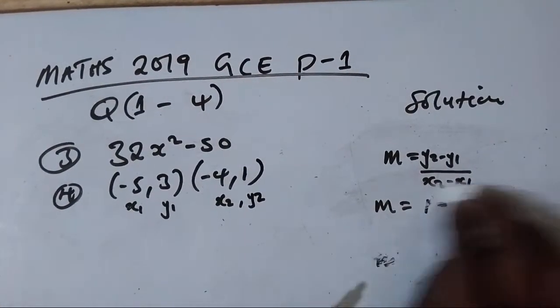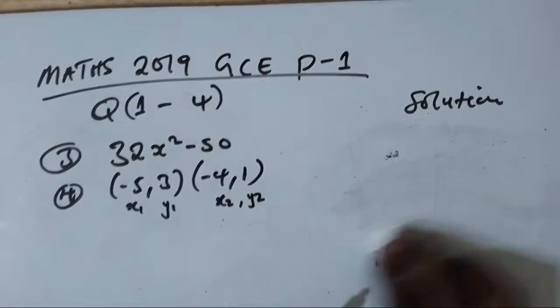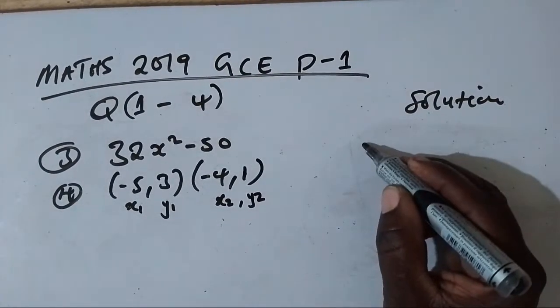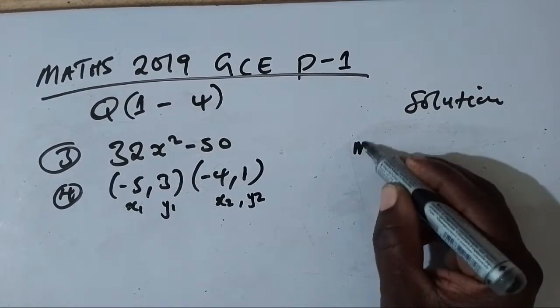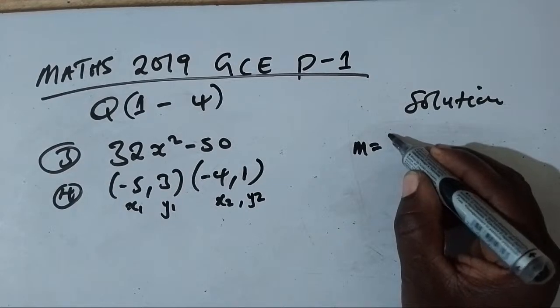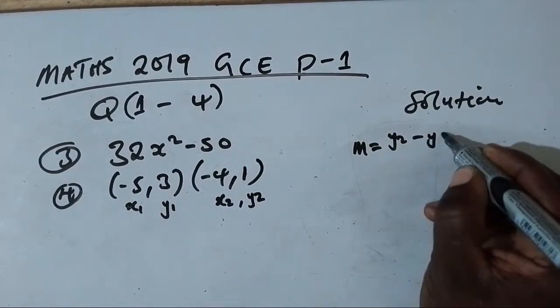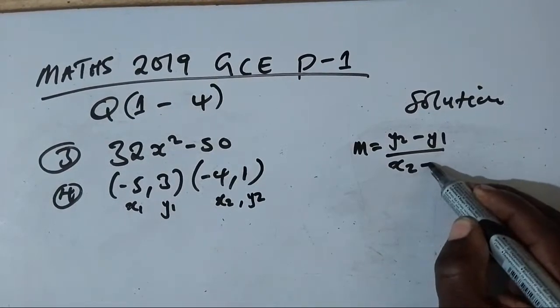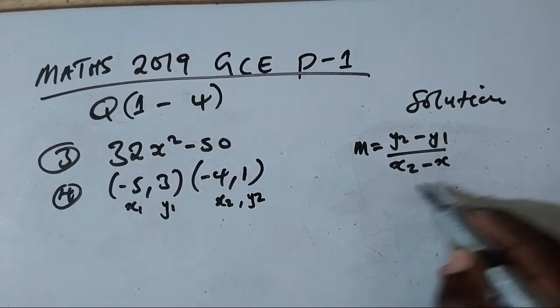so let me create a space here. m is equal to y2 minus y1 over x2 minus x1.